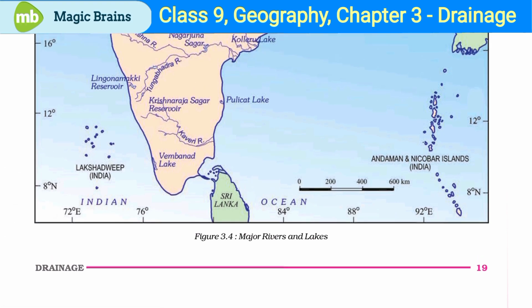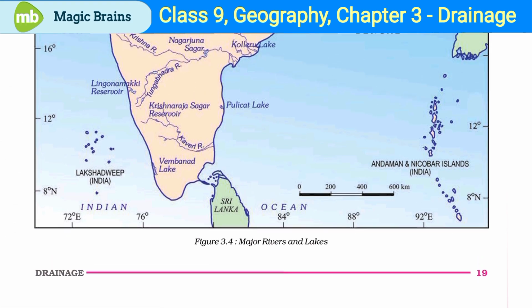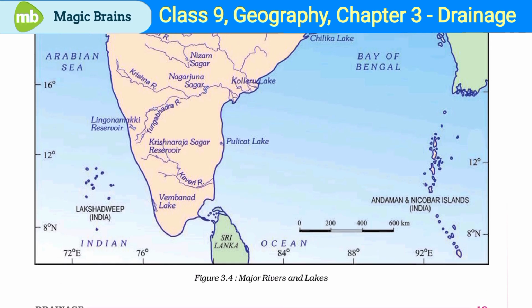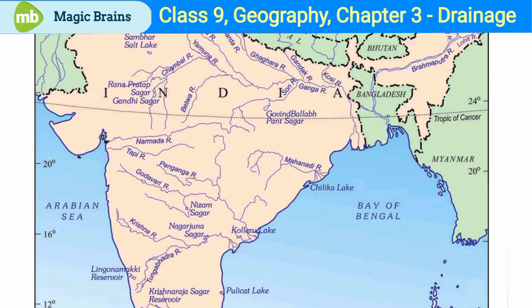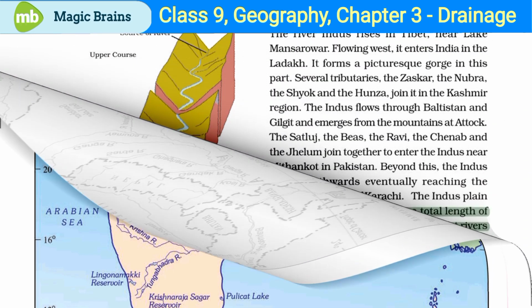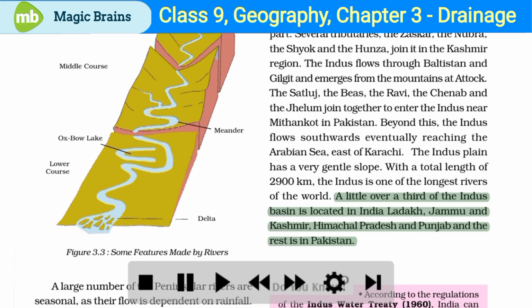Page 19. Figure 3.4. A map is given here which shows the major rivers and lakes of India. A little over a third of the Indus Basin is located in India in the states of Jammu and Kashmir, Himachal Pradesh and the Punjab, and the rest is in Pakistan.